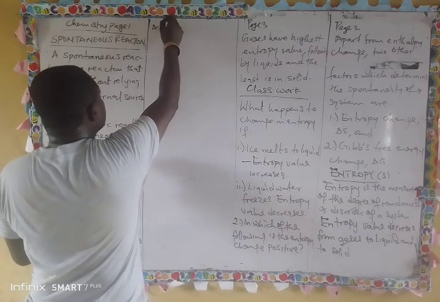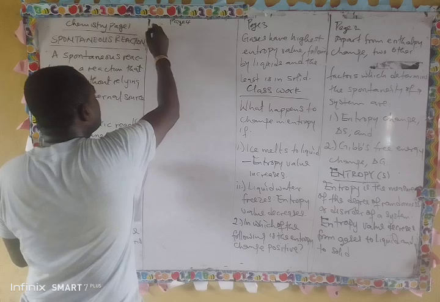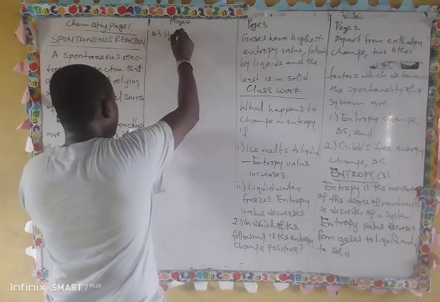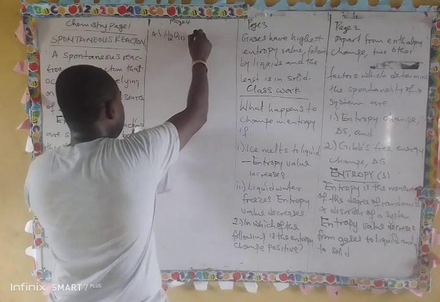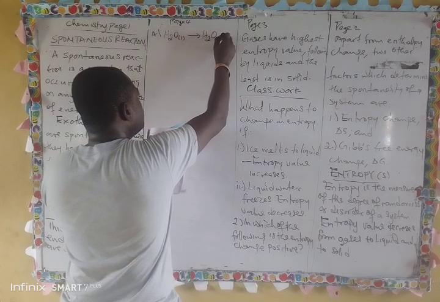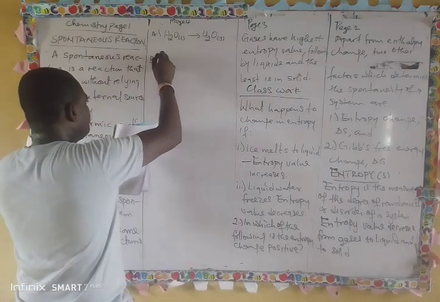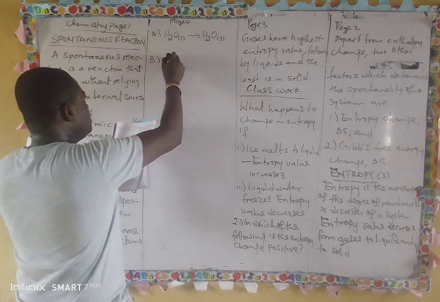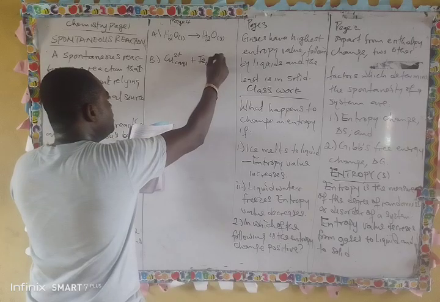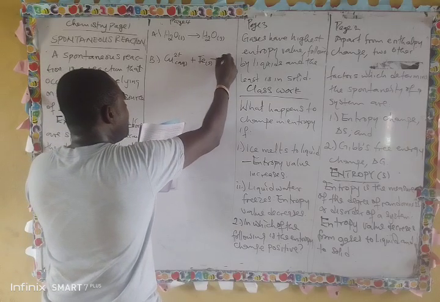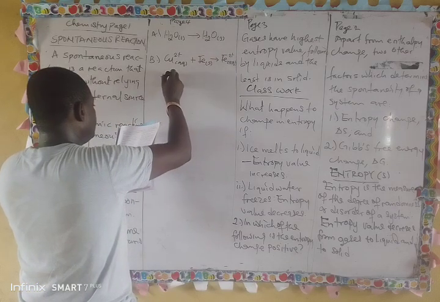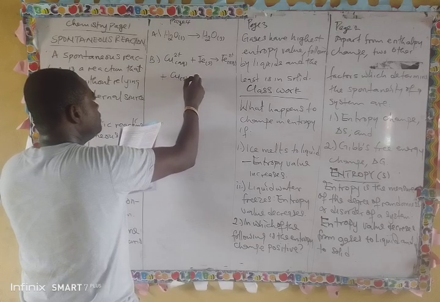Option A, we have H2O liquid turns to H2O gas. Option B, Cu2+ aqueous plus Fe solid equals Fe2+ aqueous plus Cu solid.